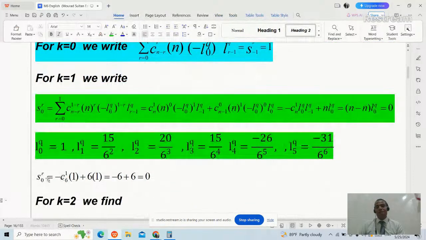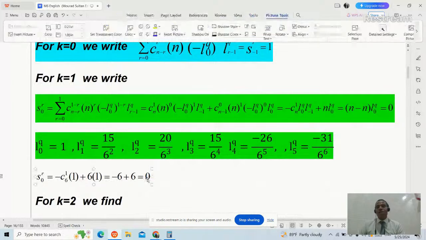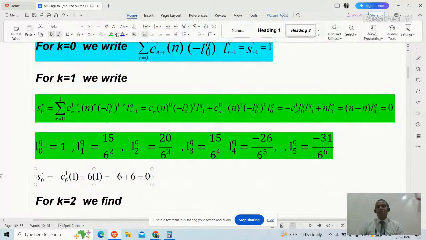Means S0 of order R is negative 6 choose 1 times L0 of order Q, which is 1. I will replace L0 of order Q with 1: negative 6 plus 6 times 1 equals 0. Therefore, learners, we just obtained the value of S0, which is 0.